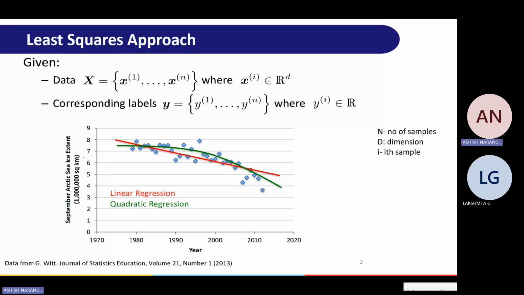So when you look at the least square approach, right, we call it a least square approach. What do we mean by least square approach now? Let me explain it here. Let us say this is a two-dimensional plot and I have some points.